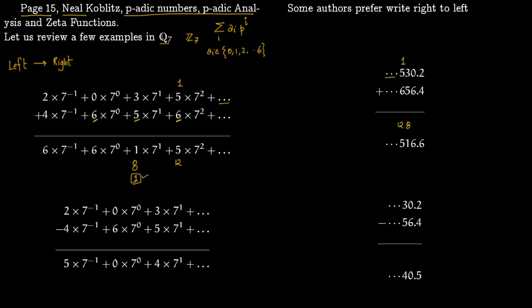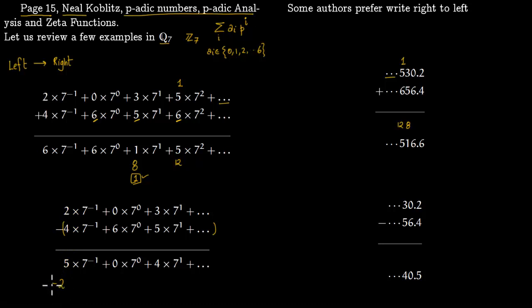Now we see subtraction. We have this number in Q7, and this number again in Q7. From this number, we are subtracting this number. Let me put a bracket here, because this negative sign is common outside. This will filter in. You start with the first. 2 minus 4 will give you minus 2.